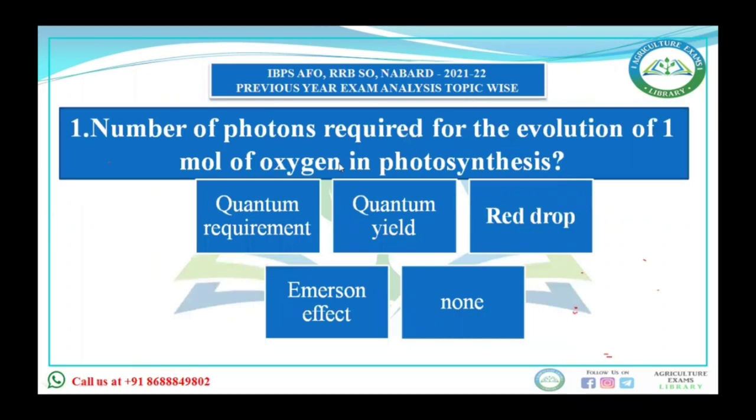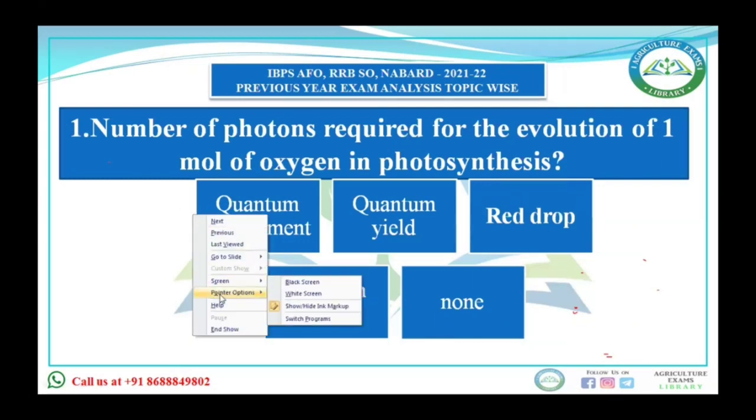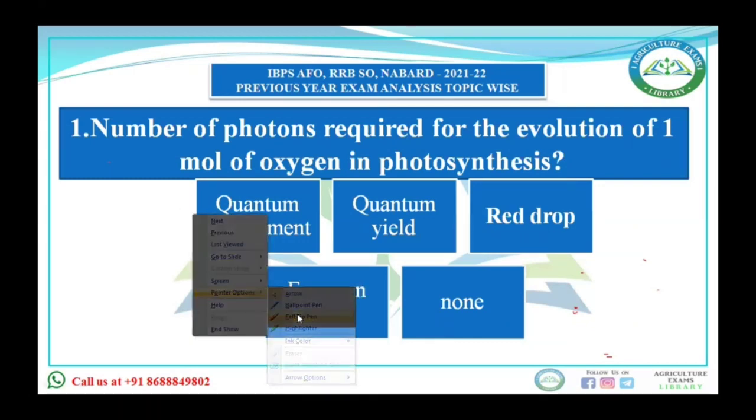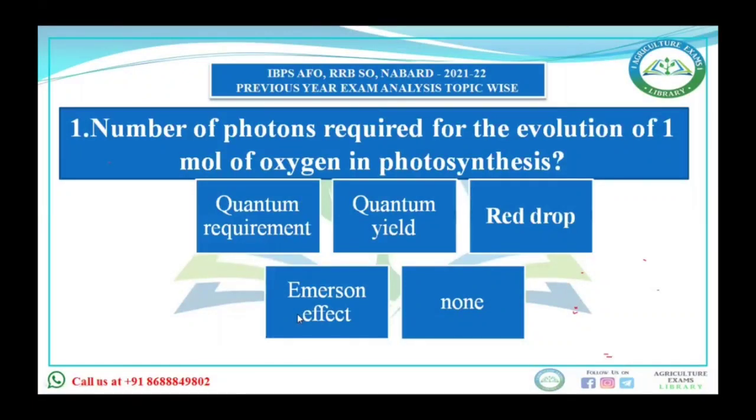First question: the number of photons required for the evolution of 1 mole of oxygen in photosynthesis is called what? Quantum requirement, quantum yield, rate drop, Emerson effect, or none. You must know that in our atmosphere there is oxygenic photosynthesis, in which oxygen is released during photosynthesis due to the photolysis of water.